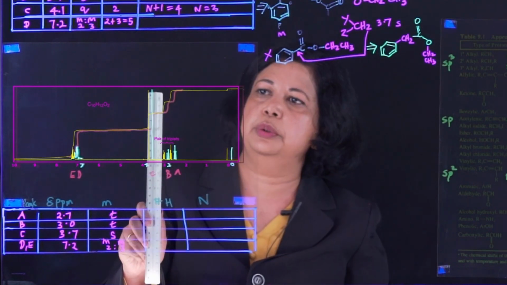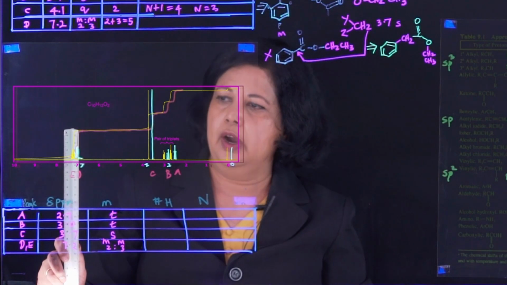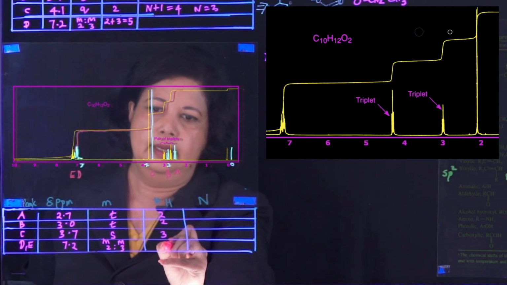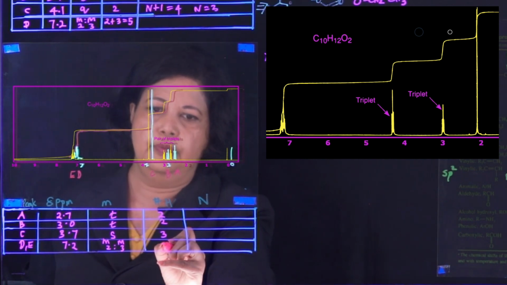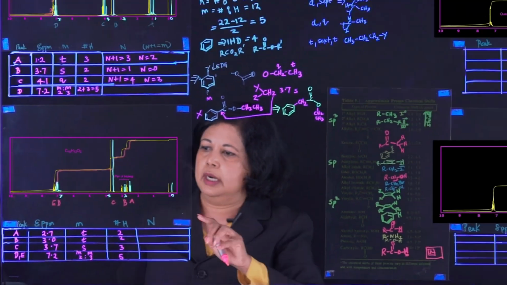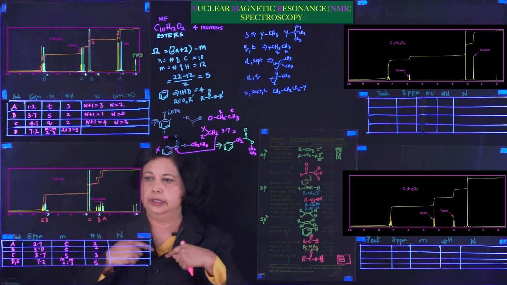This is about 2, 2, and this is 3, 5. So this is 2, 2, 3, and this is going to be a 2 to 3 or 5 over here. Next thing is n plus 1. How many neighboring hydrogens are there around this hydrogen?